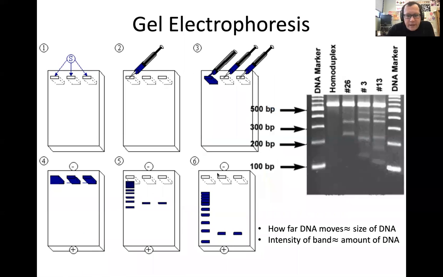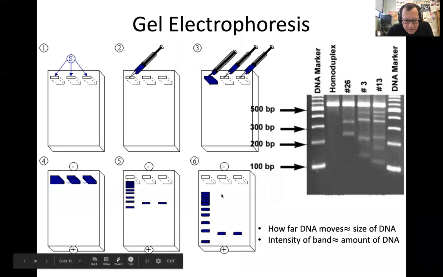This is just another way to kind of look at it. So you can see here, this is what our gels kind of look like. We have these little wells up at the top. We use pipettes. This isn't the best little pipette diagram, but we use the pipettes to load our DNA in the wells. And we apply an electric field down here, and you can see that the DNA moves through.